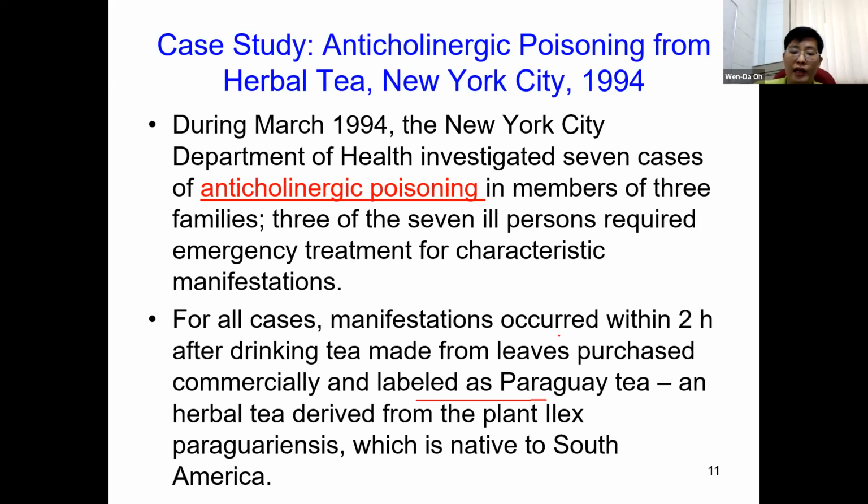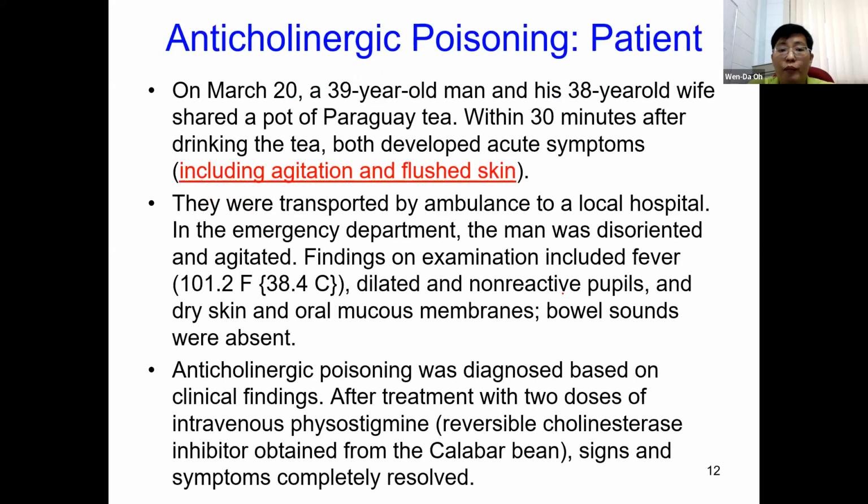So what they did not realize is that this tea contains certain chemicals, right? That can inhibit our CNS, central nervous system. And they observe several symptoms. For example, they have agitation and flushed skin. They have acute symptoms, which means that they ingested a large dose of this chemical, right?